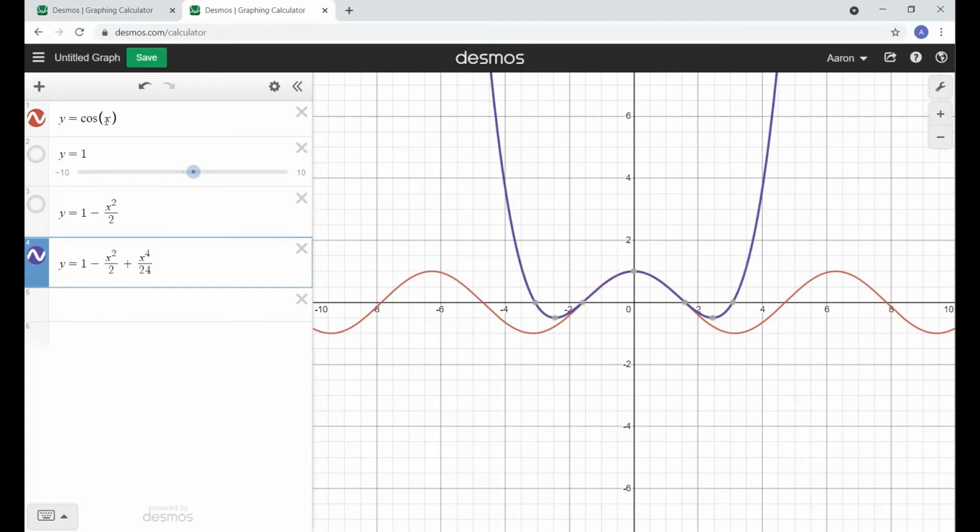You plug in and you get 1 over 4 factorial as the coefficient. I'm going a little fast here just because this is review. And then the approximation is 1 minus x squared over 2, and we get this addition, x to the 4th over 24. And it meets more exactly a little further away from 0.